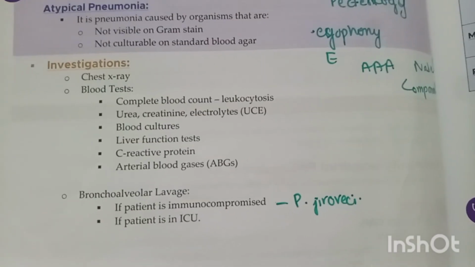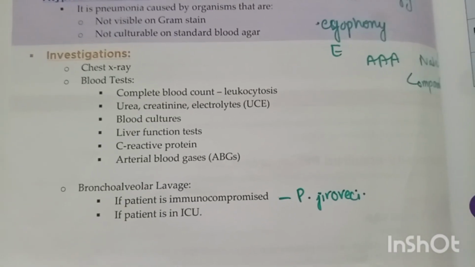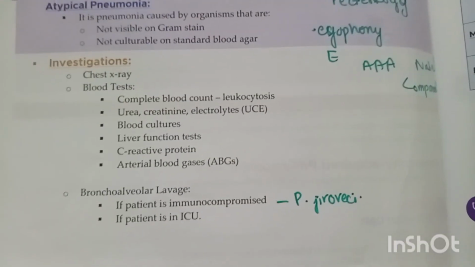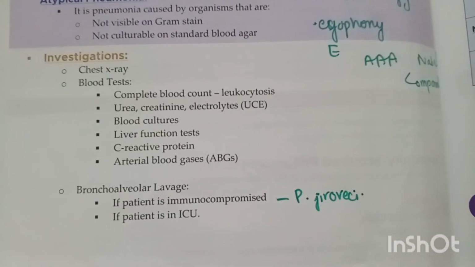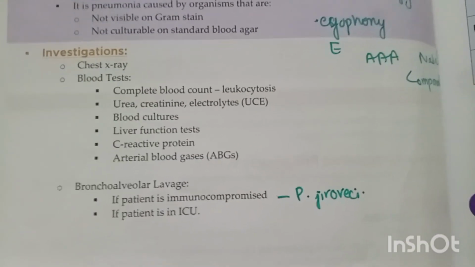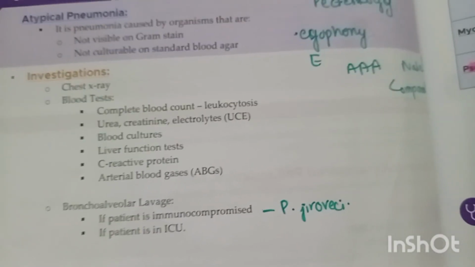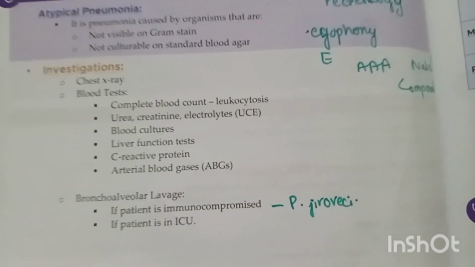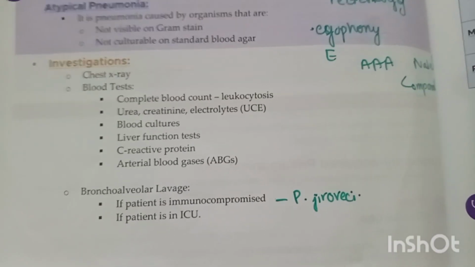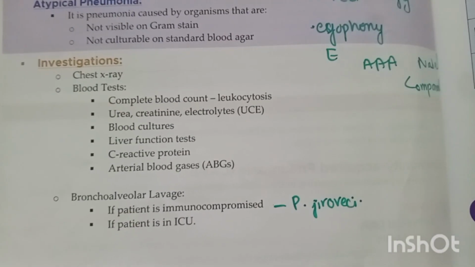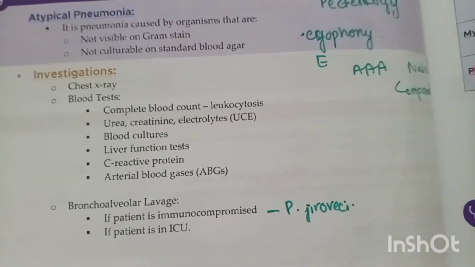We do LFTs, and we do CRP; if CRP is raised, it means that there is an acute infection. We see ABGs to check the oxygen saturation and all that. We also do bronchoalveolar lavage if the patient is immunocompromised or in ICU.